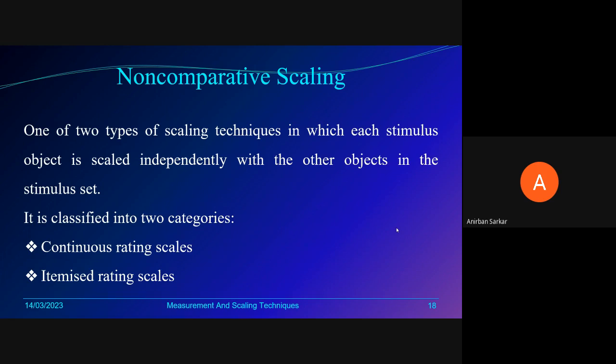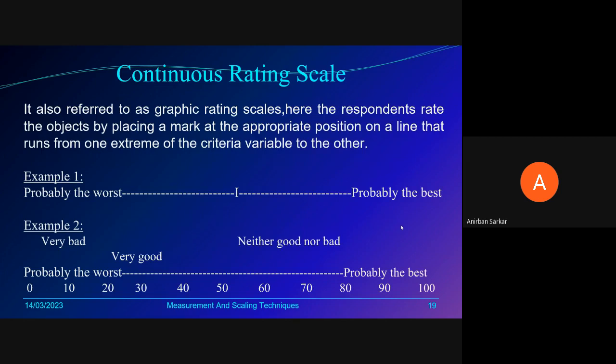Now, what is a continuous rating scale? You can see here, it is also referred to as a graphic rating scale. In this measurement scale, respondents rate the objects by placing a mark at the appropriate position on a line that runs from one extreme of the criterion variable to the other.